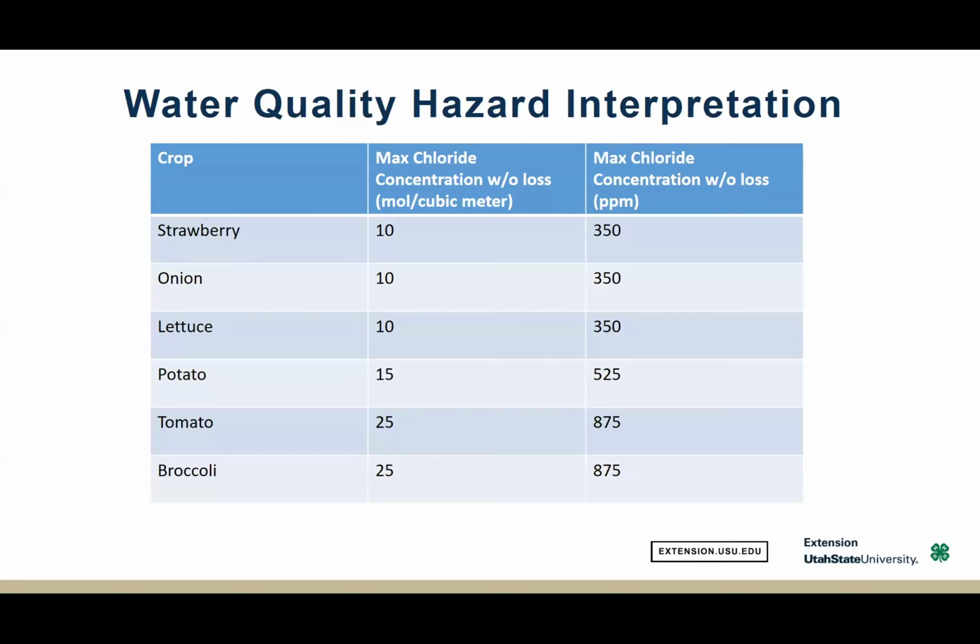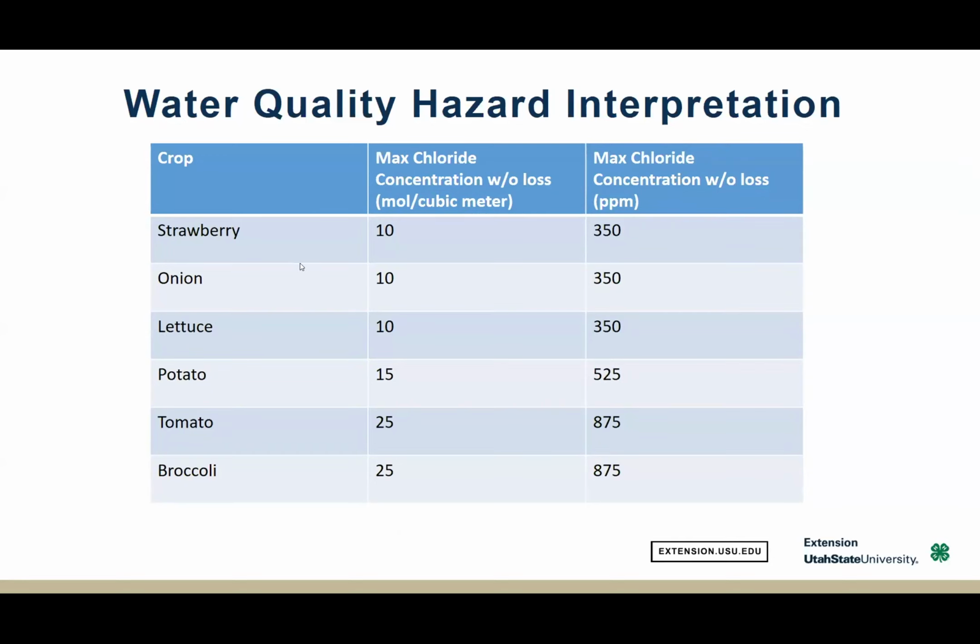Water quality hazards with respect to specific ions within a water also can be an issue, particularly with chloride content. And chloride will often be one of those constituent ions, specific ions, that are reported in a water test report.